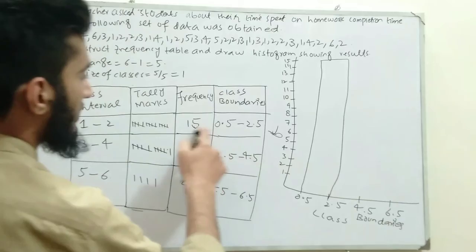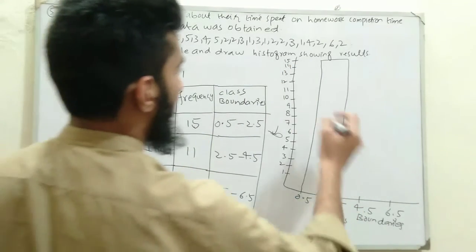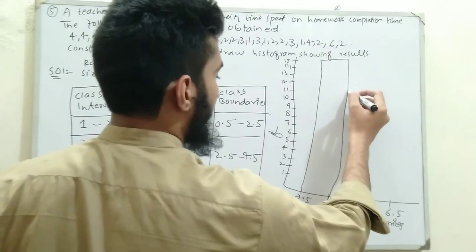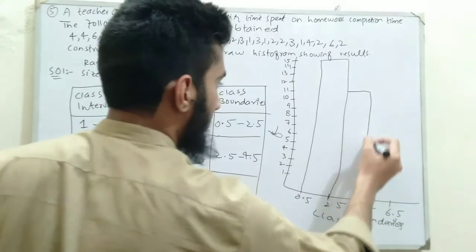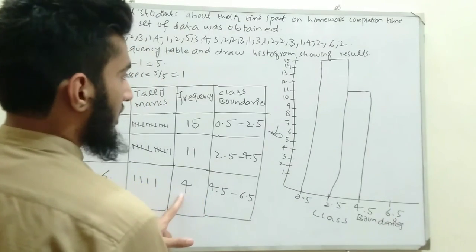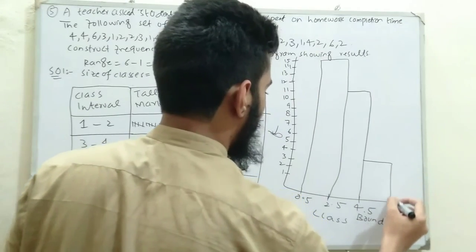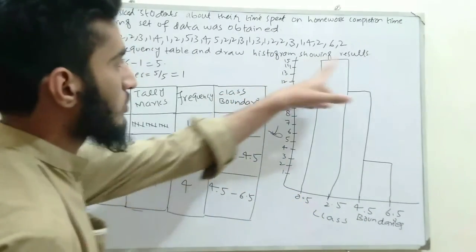Now between 2.5 and 4.5 the frequency is 11, so from 11 I will draw a line just like this. After this, from 4.5 to 6.5 the frequency is 4. So it becomes just like this.